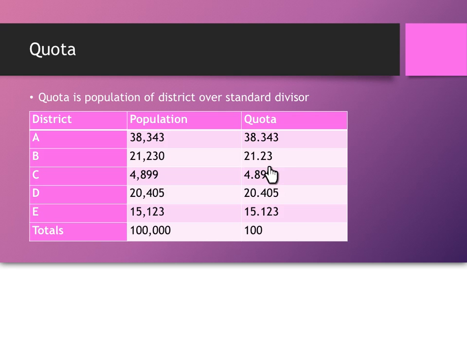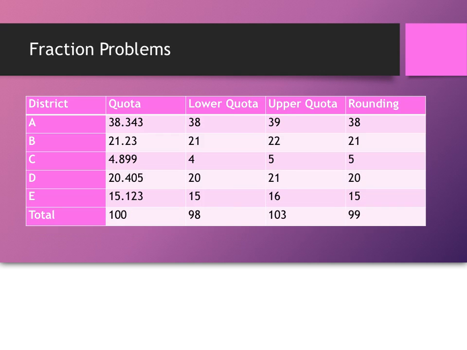Since each of these populations was divided by the standard divisor, if you actually add up all of the quotas, you're going to get the total amount of representatives we want. So that's a very nice property to have. Now the problem with the quotas is that this fractional part throws us off.